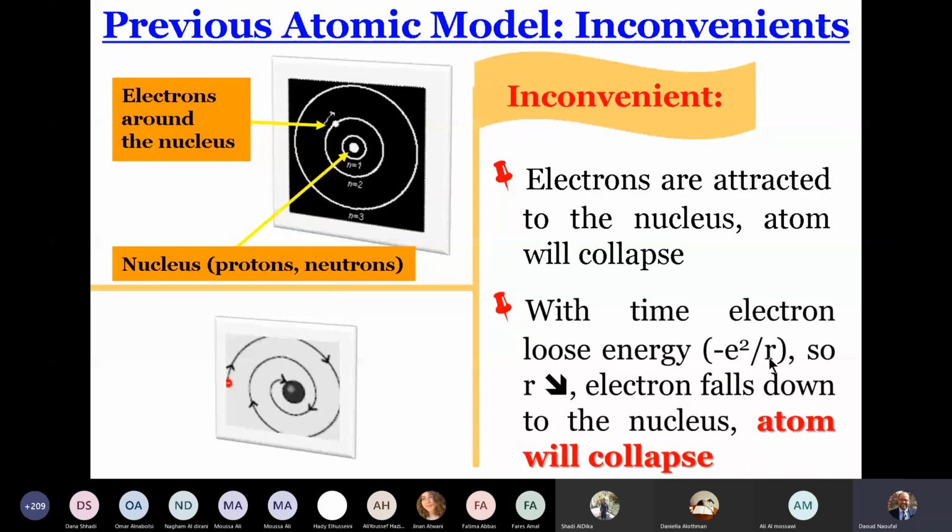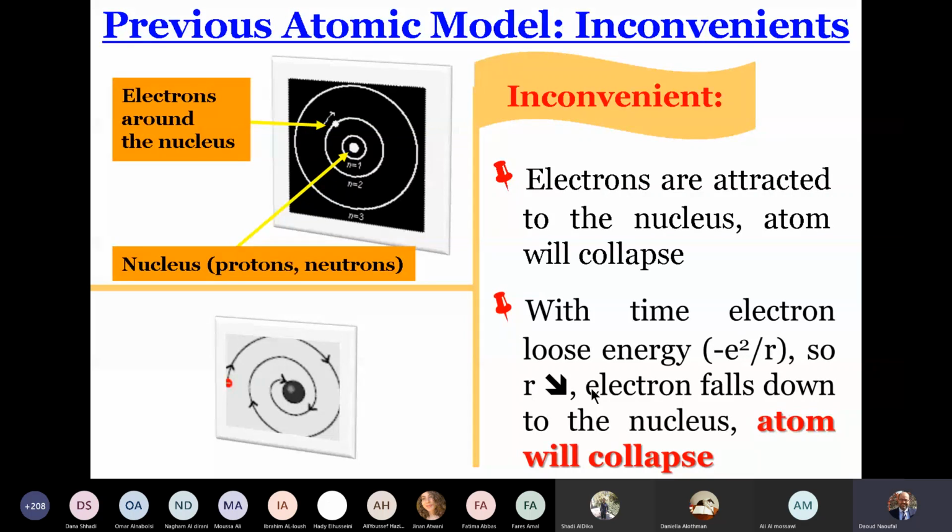If r increases, E squared divided by r decreases. And we have minus. So if r increases, the potential energy increases. If r decreases, that means we lose energy. And in this case, the electron will fall down to the nucleus. So again, the atom will collapse. So the atom does not exist.